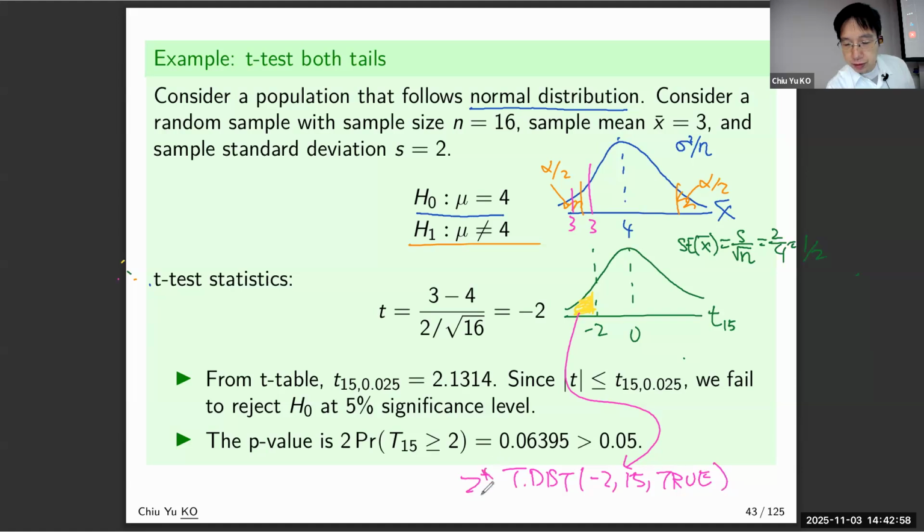You multiply by 2 and compare this to alpha, and the p-value is 0.06. That means you can't say it is small enough under alpha of 5%. Of course, if you use 10% it is okay, but using 5% is not. So that's the case where you can't reject H0.